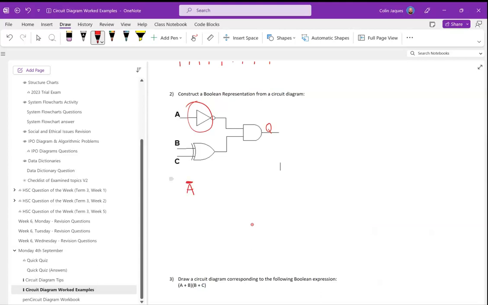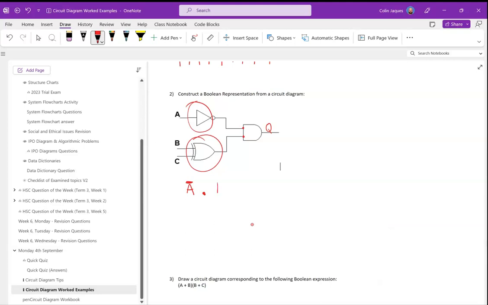Now, I'm feeding that NOT gate into an AND gate. So on one side of the equation, on this input, that is my input. On the other side of the equation, for this one, I need to convert this into an XOR gate.